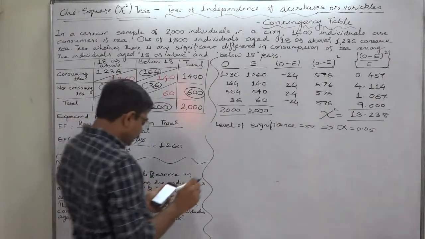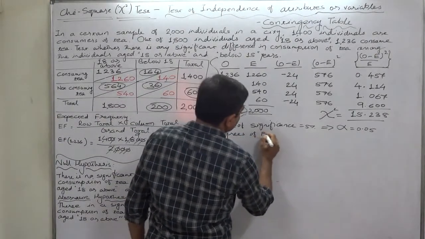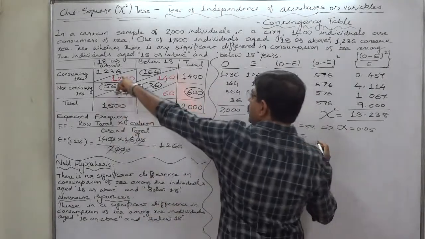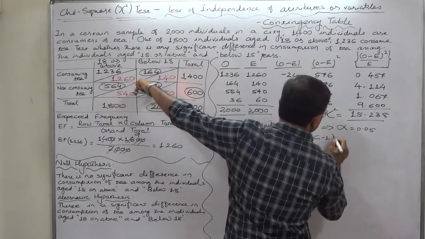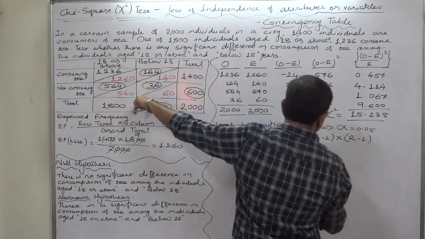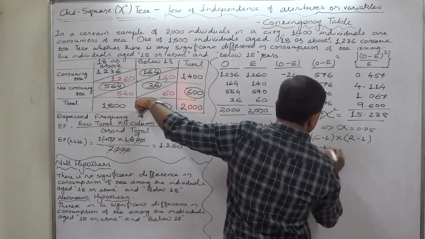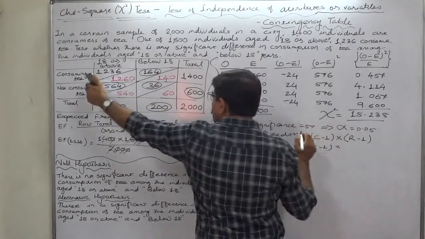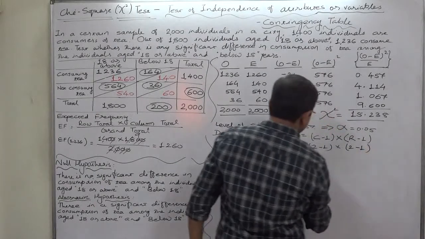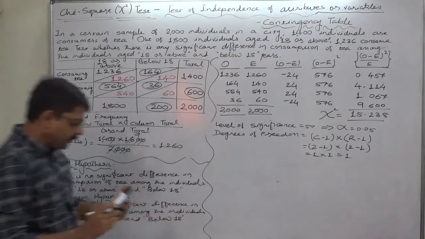Most important thing, degrees of freedom equals number of columns minus 1 multiplied by number of rows minus 1. Number of columns 2, 18 or above and below 18, minus 1, into number of rows 2, consuming tea and not consuming tea, that is 2 minus 1. So it is 1 multiplied by 1 equals 1. Degrees of freedom only 1.